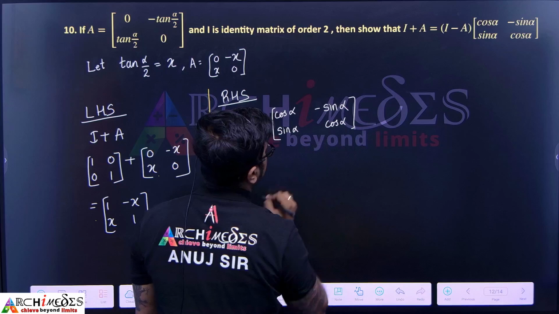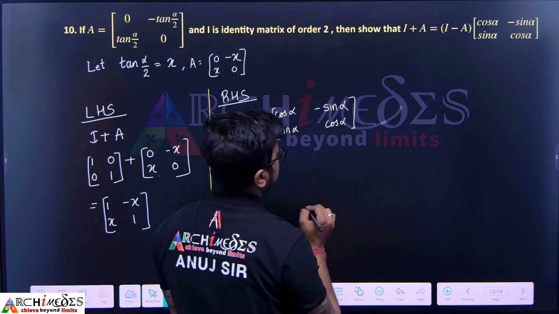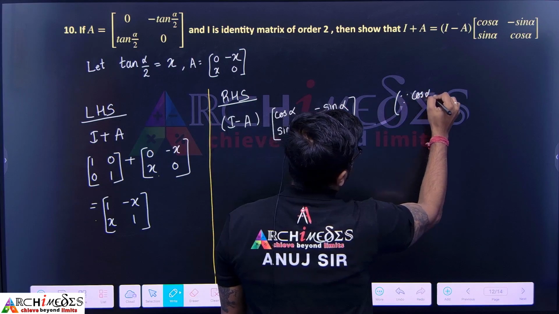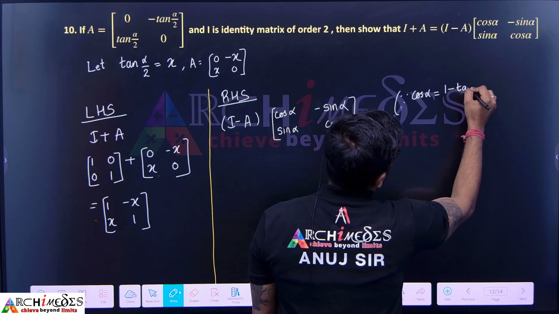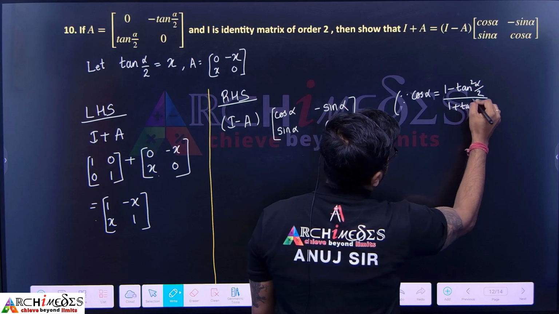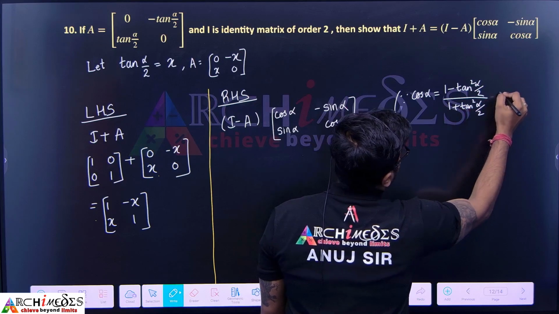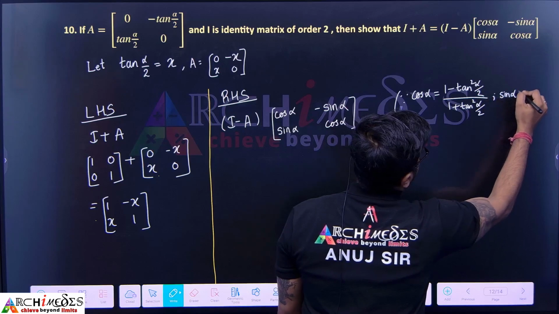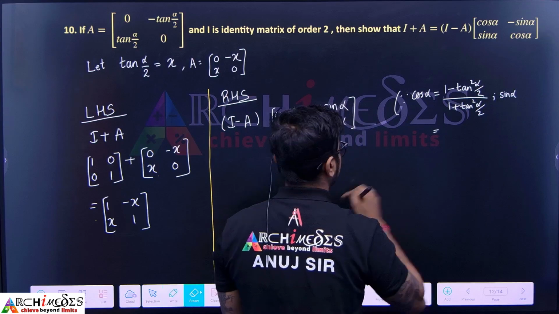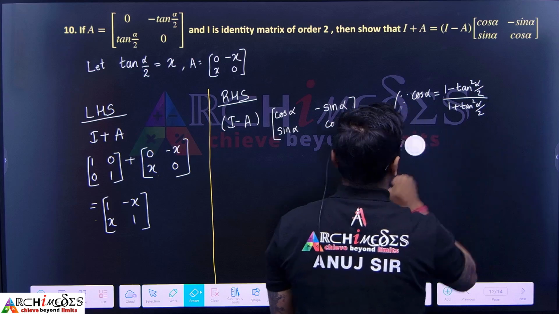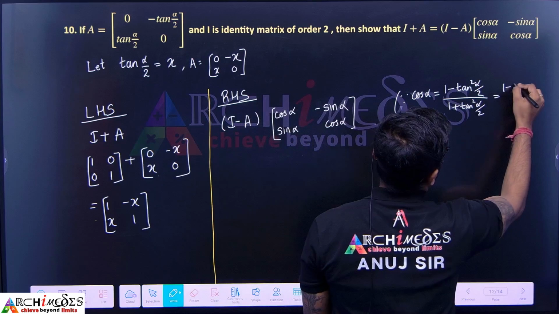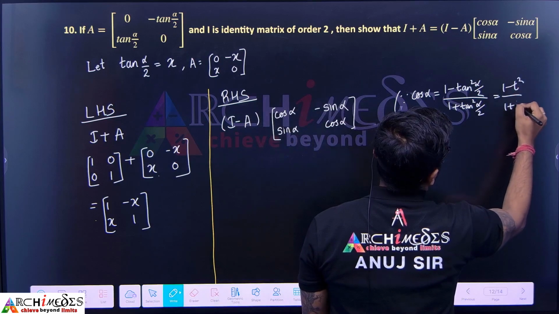So here I write cos alpha as 1 minus tan square alpha by 2 over 1 plus tan square alpha by 2, that is 1 minus t square over 1 plus t square.